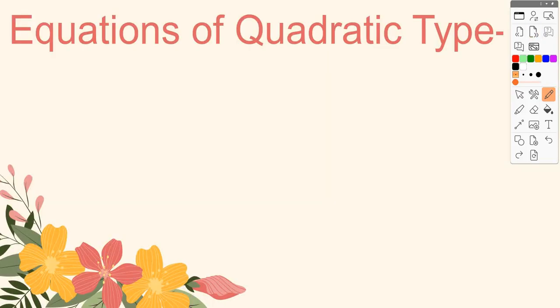So the first kind that we can see are going to be equations of quadratic type. Basically that means that we are able to rewrite it as something squared plus that same thing minus or plus a constant, and it's set equal to 0.